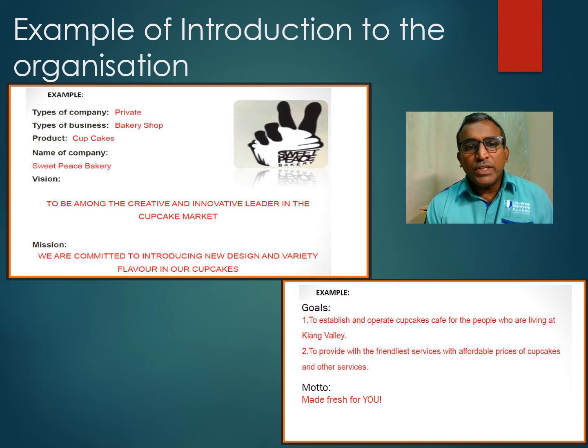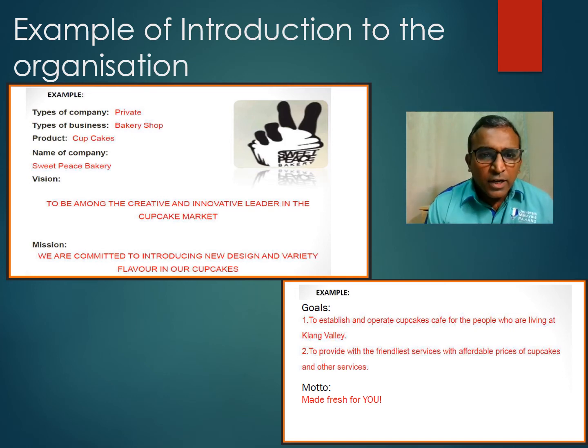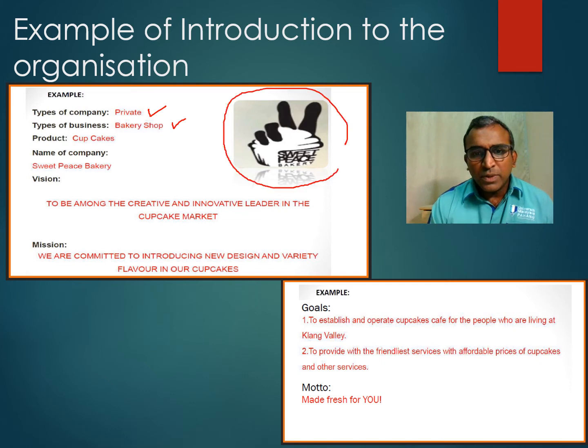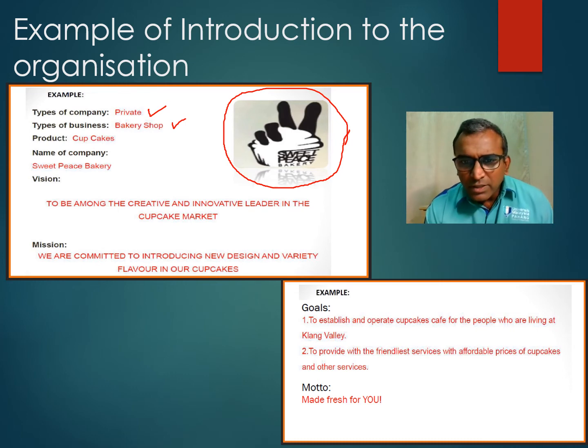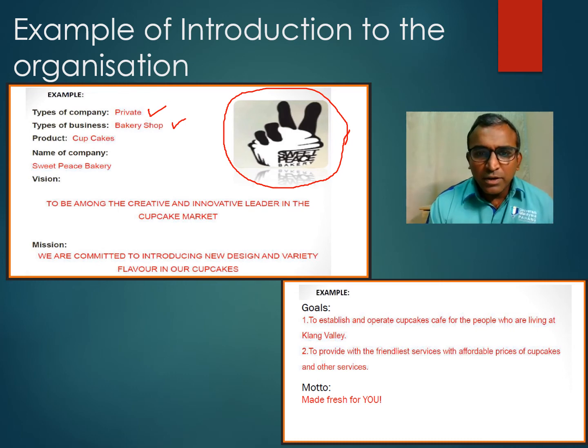So you see the example for a company. It looks like the type of company is private, not government. And the type of business is a bakery shop, and therefore you see the logo has been done that seems to indicate it is a bakery.